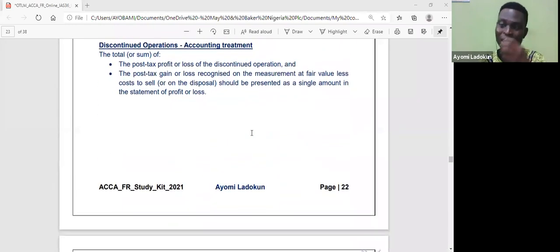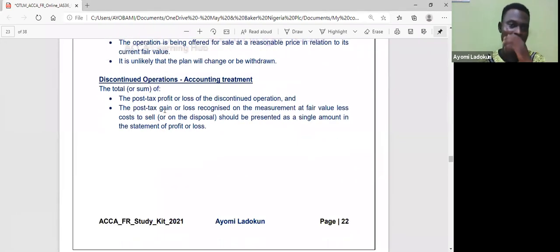So how do I now account for a discontinued operation? I will look at the total sum of two things: the post-tax profit or loss of the discontinued operations, and number two, the post-tax gain or loss recognized on the measurement of fair value less cost to sell.